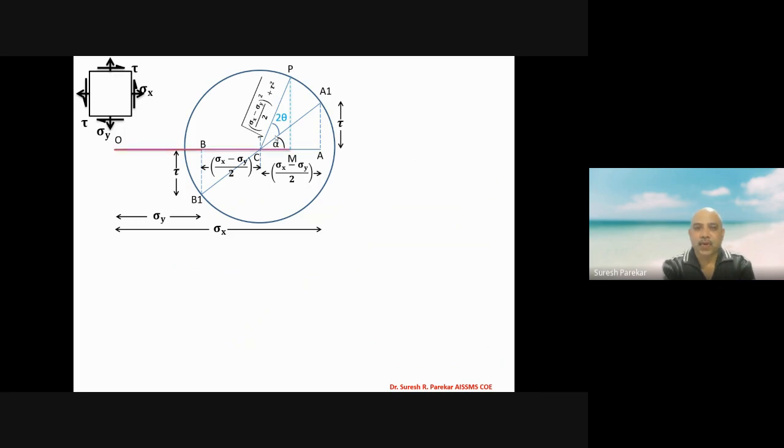Now sigma n we have OM. So at an angle, let us assume this angle is alpha. That is angle made by A1C with horizontal. So if we see, we have this total angle as 2 theta plus alpha.